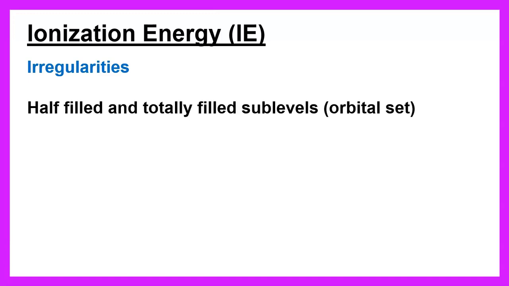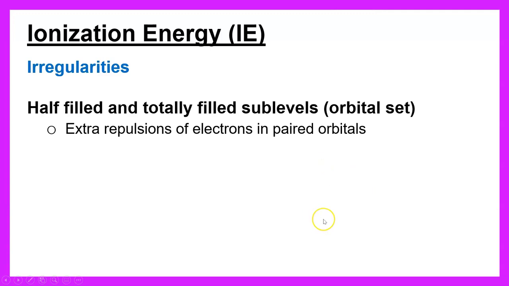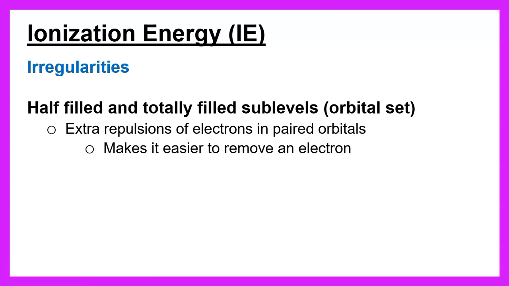So for example, they may give you an irregularity related to how full is an orbital. If you imagine your orbital diagram, they're asking you to see if you remember and can figure out things like when you pair up an electron, you will now have a little bit extra repulsion there. That would make it easier to remove an electron, which would explain an ionization energy lower than you might expect.